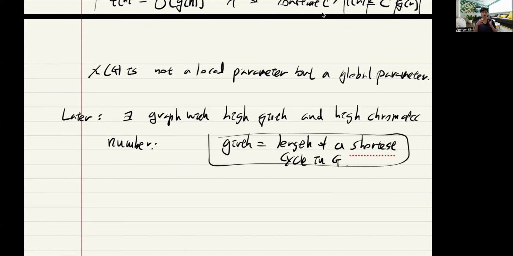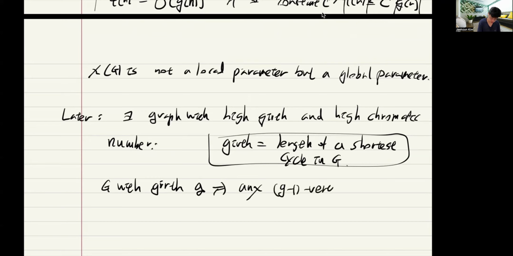Meaning that if you have a graph with high girth, say at least 100, that means whatever 100 vertices you take, you will see no triangle. That means a graph with girth g means that any g minus 1 vertex subset induces a forest.